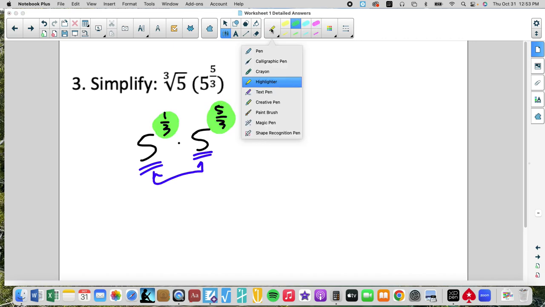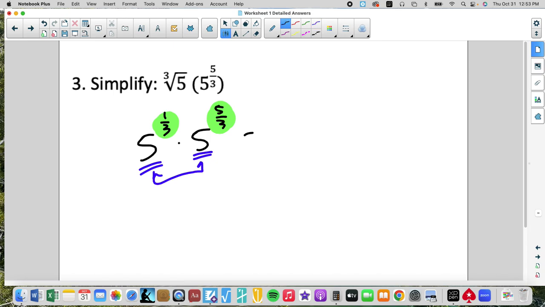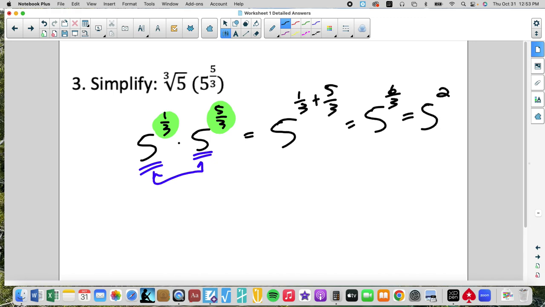So we're going to add the 2 exponents, and that is 5 to the 1/3 plus 5/3, which equals 5 to the 6/3, or 5 to the 2nd. Now that might be the answer, simplify, but I would just write 25. So I like that answer. What do they say? Yeah, 25.